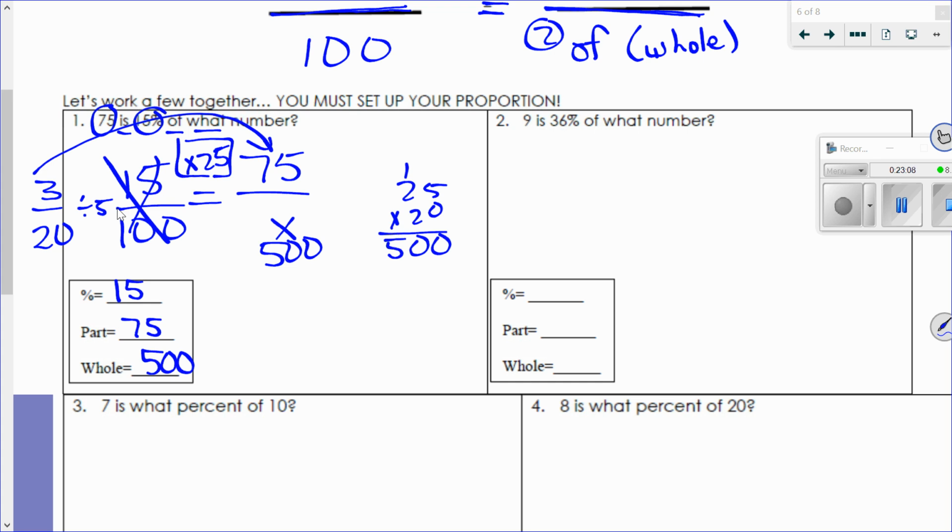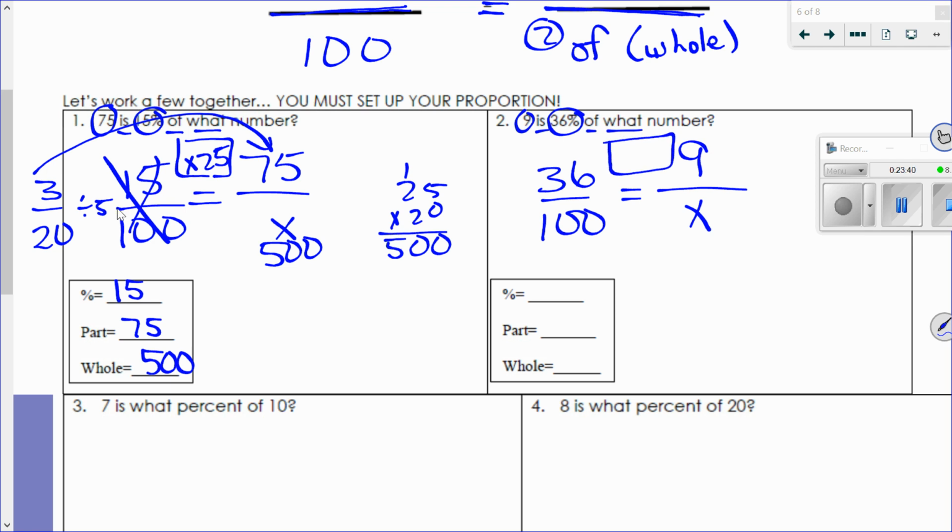Okay, our next one. 9 is 36% of what? So my framework is the same. Start with my percent. What's my percent? 36. What's after of? So do I know that one? So what goes there? Variable. What number is left? 9. Can I go directly from 36 to 9?